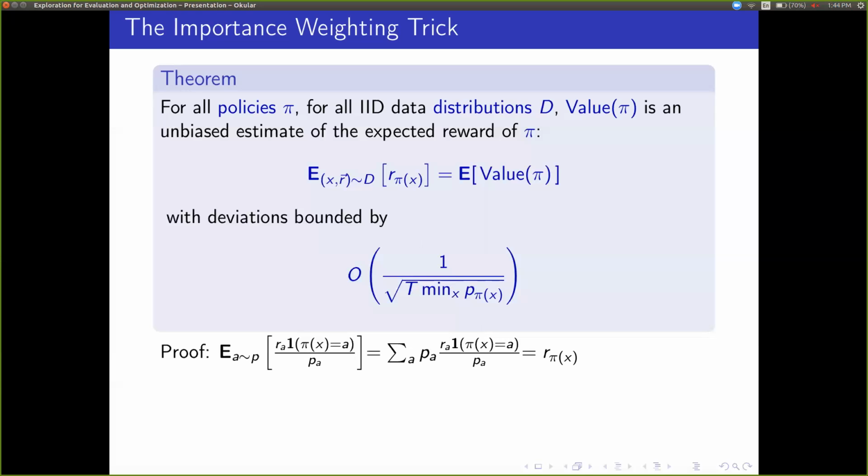Since it's K over T, it's like 1 over T over K, which is like saying your deviations are kind of like what you would have if you had just T over K samples and it was a supervised setting. So the number of actions is compared to the number of events in a ratio. So this is like saying the deviations in this contextual bandit setting are similar to supervised learning with a factor of number of actions fewer events.